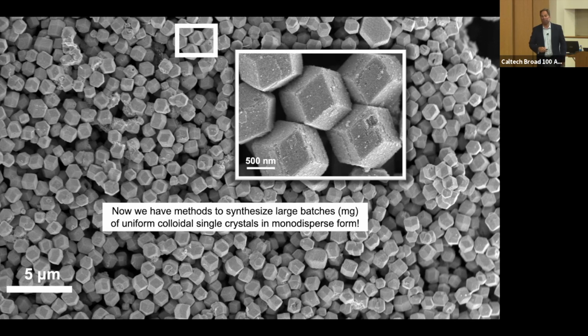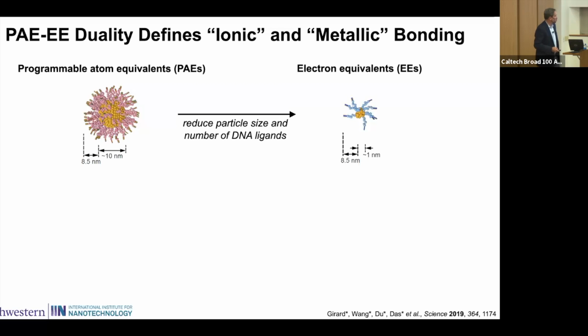I know a lot of physicists here at Caltech are interested in metamaterials. These types of architectures can become the basis for devices themselves, where you can begin to study light-matter interactions in unusual ways. I'll comment a little bit on that towards the end. Okay, this idea of programmable atom equivalents is interesting, and I talk about oligonucleotides as programmable bonds.